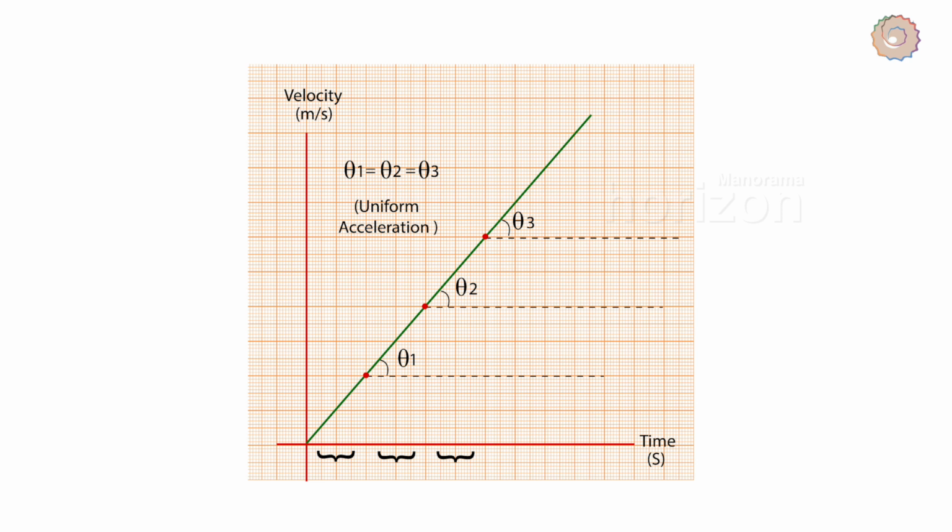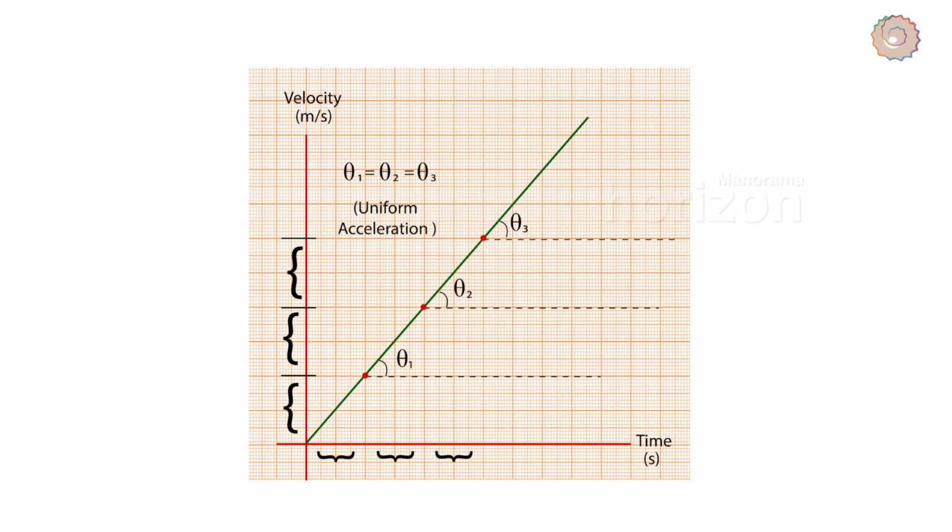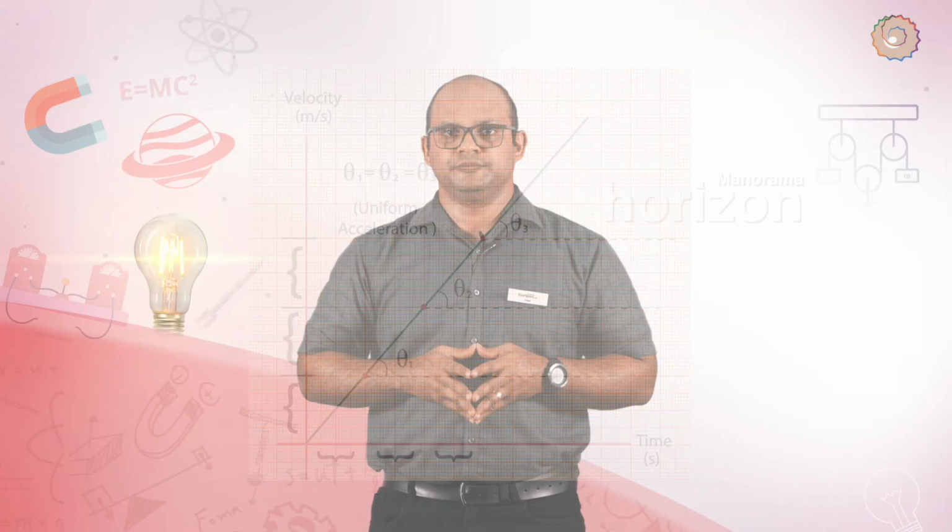So even though this is a case of non-uniform velocity, it is a case of uniform acceleration, because the ratio of the change in the vertical, which is velocity, to the change in the horizontal, which is time, remains constant. So this graph is an example of uniformly accelerated motion.